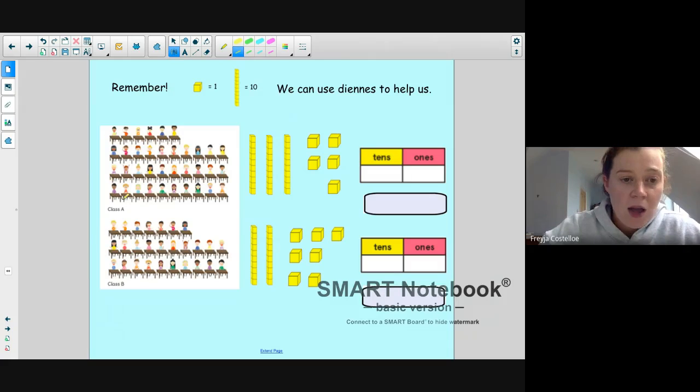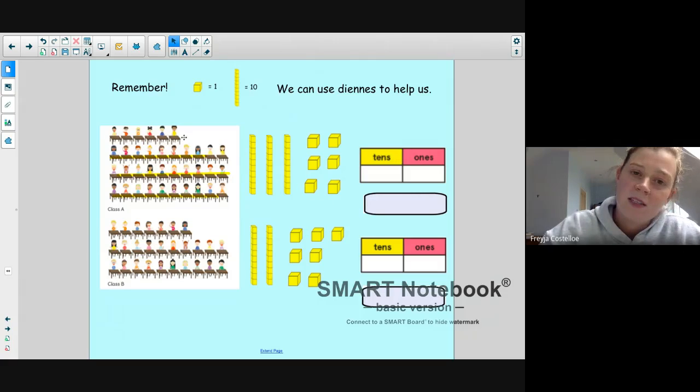So for class A, I have these 3 ten rods here to represent my 3 rows of 10 here. And then these 1, 2, 3, 4, 5. Oh dear, I've not got 5 students there, have I? I've got 6 students there. Silly me. There we go. Okay, so these 6 ones represent our 6 students up here.